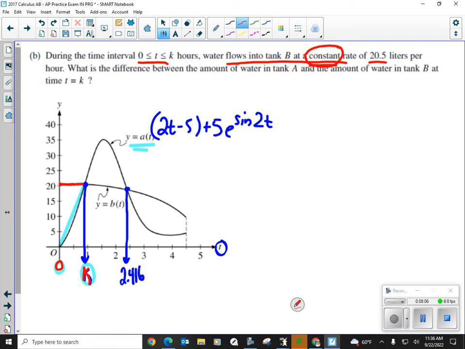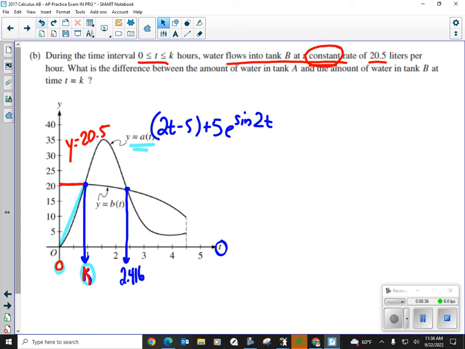It's like y equals 20.5. After that line, it looks like it goes out. It's not a constant anymore, okay? But before we get to K, from 0 to K, our equation is 20.5. It is a constant line. So I can definitely integrate the difference between 0 and K.